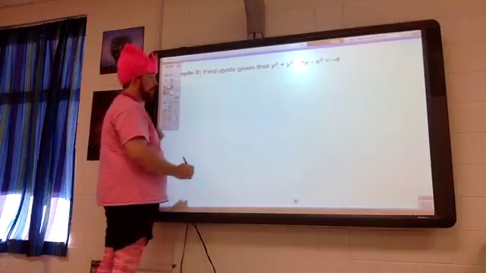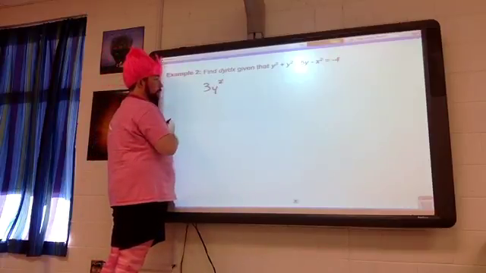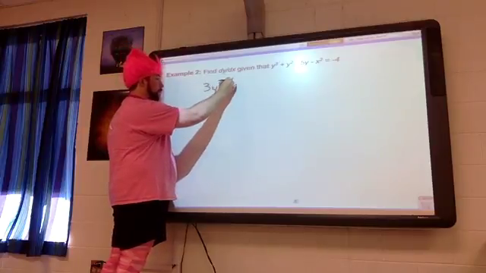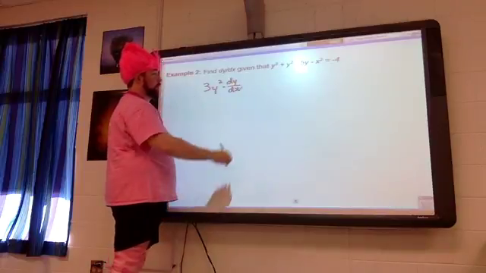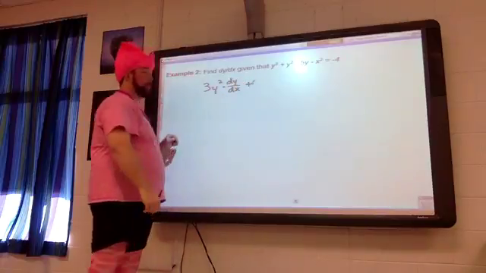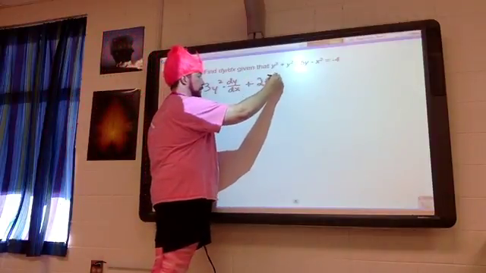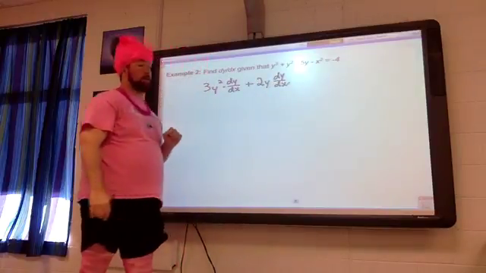The derivative of y cubed will be 3y squared. But since we took the derivative with respect to y, we have to write dy/dx. Plus, the derivative of y squared will be 2y times dy/dx.